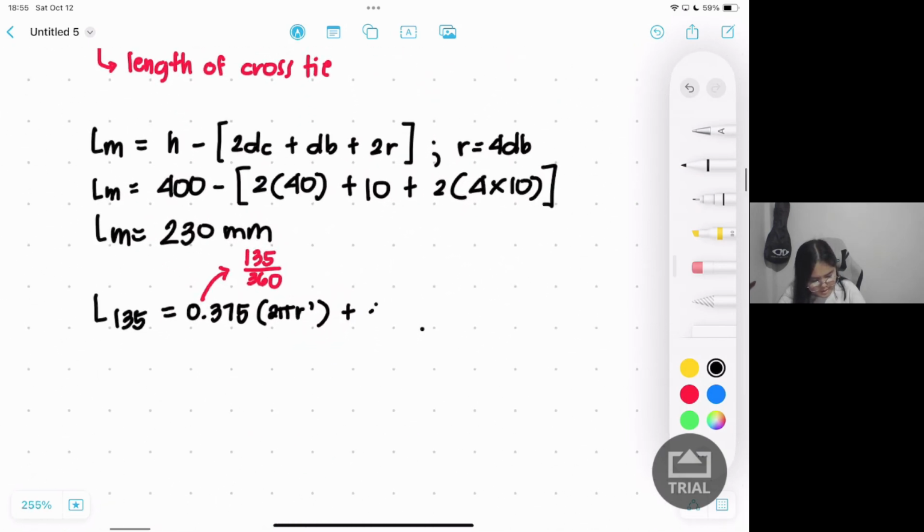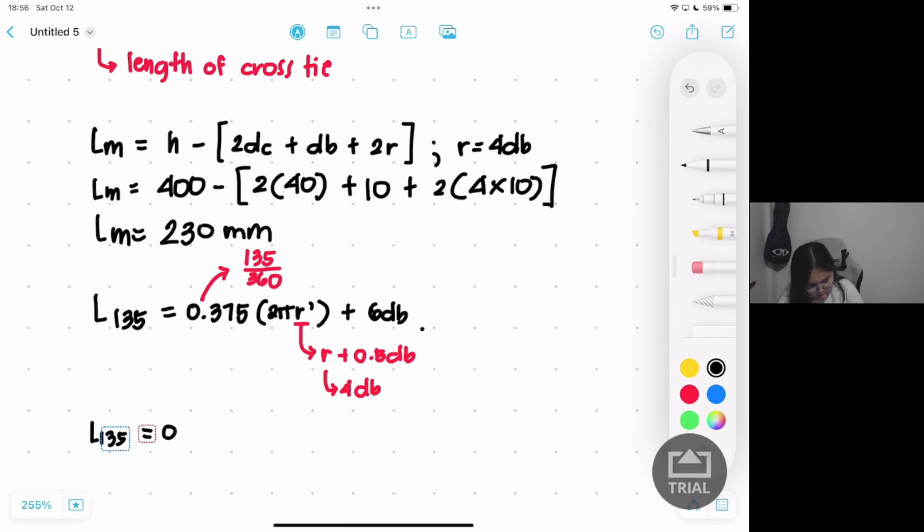So, 6 dB. O, ngayon, ano ulit tong R prime? Diba si R prime ay R plus half of dB. Wherein si R ay 4 dB.